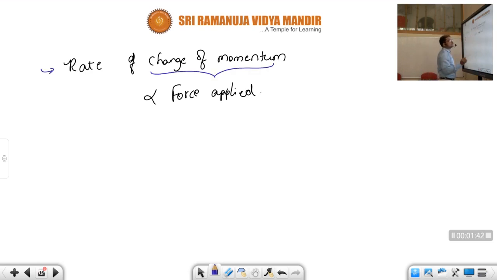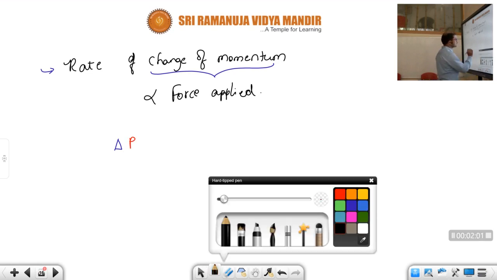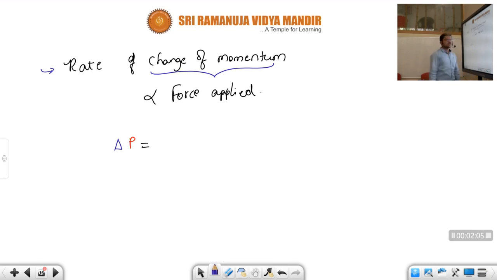There is change in momentum, children. Change we always represent with the symbol delta. Change in what, children? Change of momentum. Change in momentum is equal to what? Always we take the change or difference from final value to initial value.